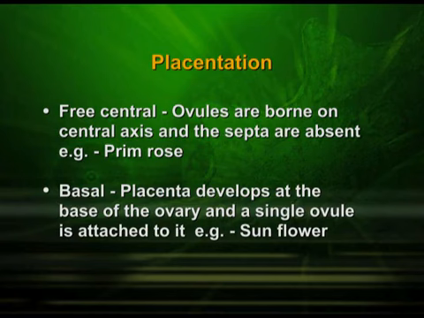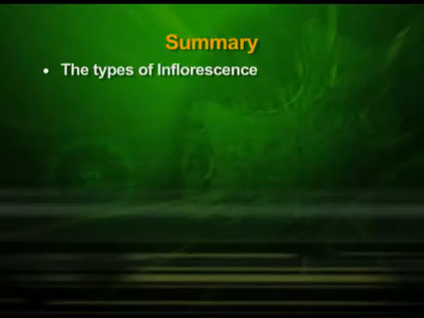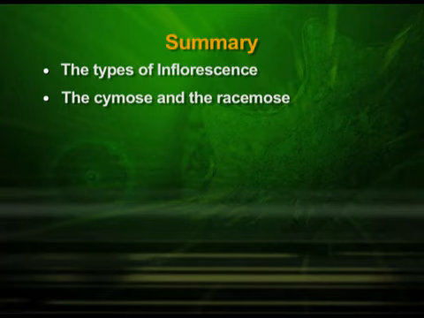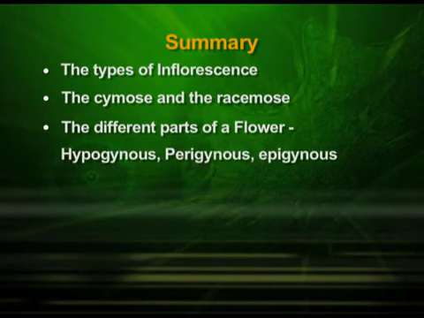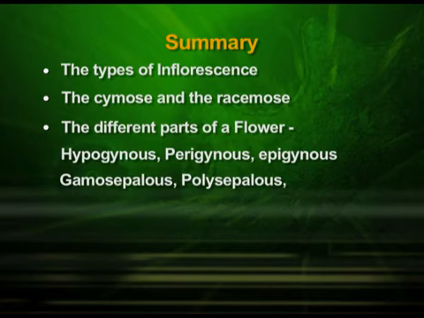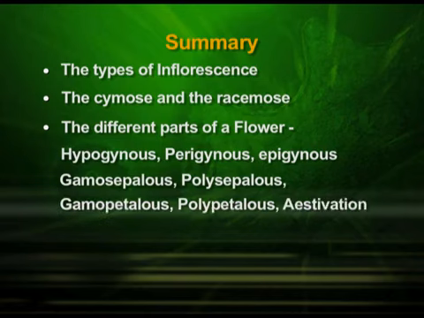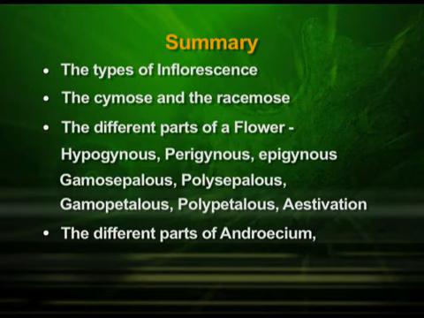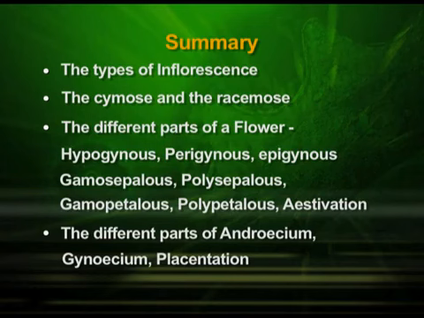Example, sunflower. Well, in this episode, we discussed the types of inflorescence, the cymose and the racemose, the different parts of a flower, hypogynous, perigynous and epigynous flowers, gamosepalous, polysepalous, gamopetalous, polypetalous, aestivation, and the different parts of androecium, gynoecium and the placentation.